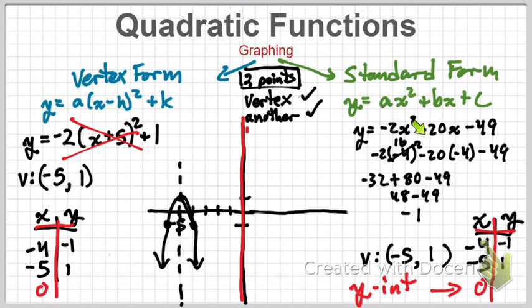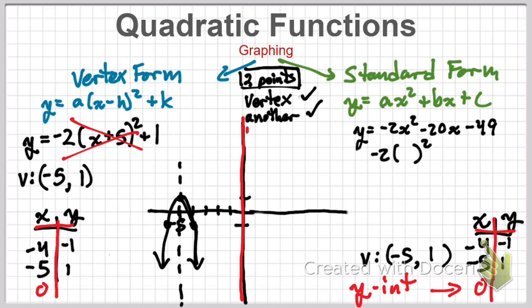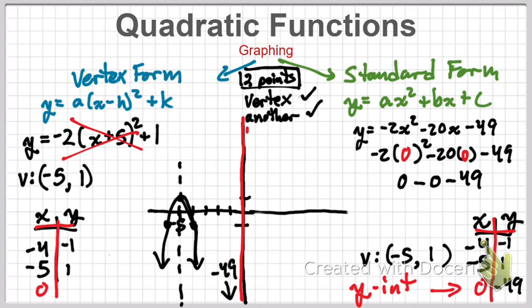I'm just going to plug it into this one because whenever you plug 0 into standard form, it's super easy. See, check this out. I plug the 0 in. Look what happens. I get 0 minus 0 minus 49. Obviously, that's -49. And you get the same thing if you plug it in the vertex form over here. Now, -49 is off my graph, and so I can't even use the y-intercept on this one.